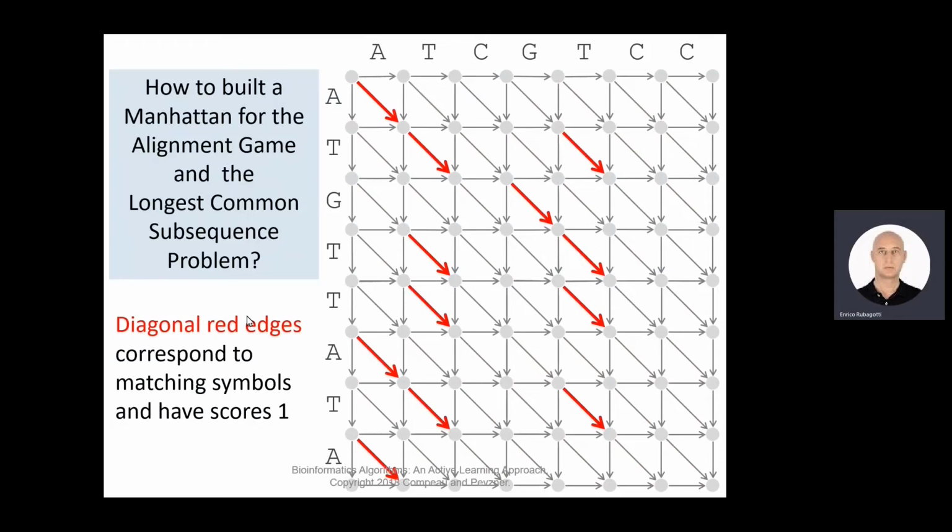I'm sure that this alignment is going to pass through the red arrows that are very easy to identify because they are the ones in which the column and the row are identical. AA, TT, TT, GG, and going forward. These are the only positive arcs.